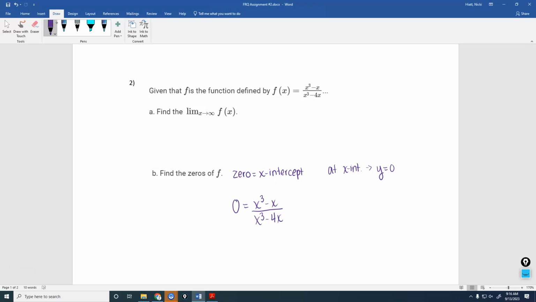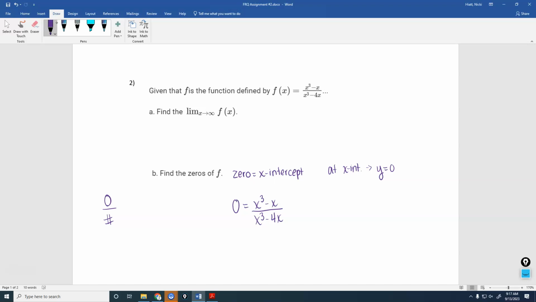X being 0 actually will not give us 0, because if x equals 0, we'll get 0 on top, but we'll also get 0 on bottom, which is indeterminate form. So if I'm dividing, I need the top to be 0 and the bottom to be some sort of number, right? 1 is looking promising, right? There's another one that'll work too.